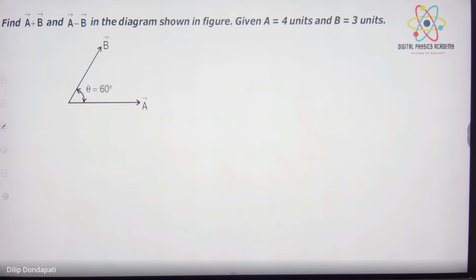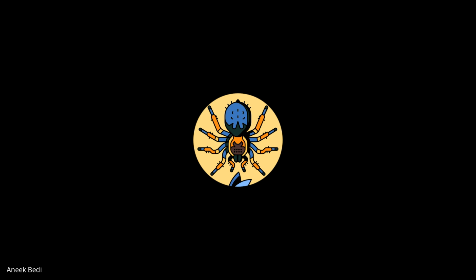A is 4, B is 3, and it is telling to find the magnitude of A plus B and A minus B. But since it is a vector question, you also have to find the angle.